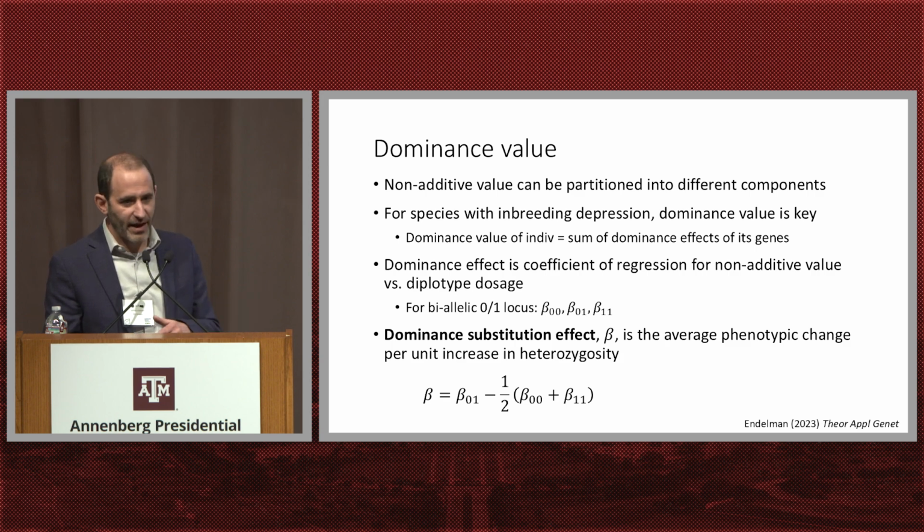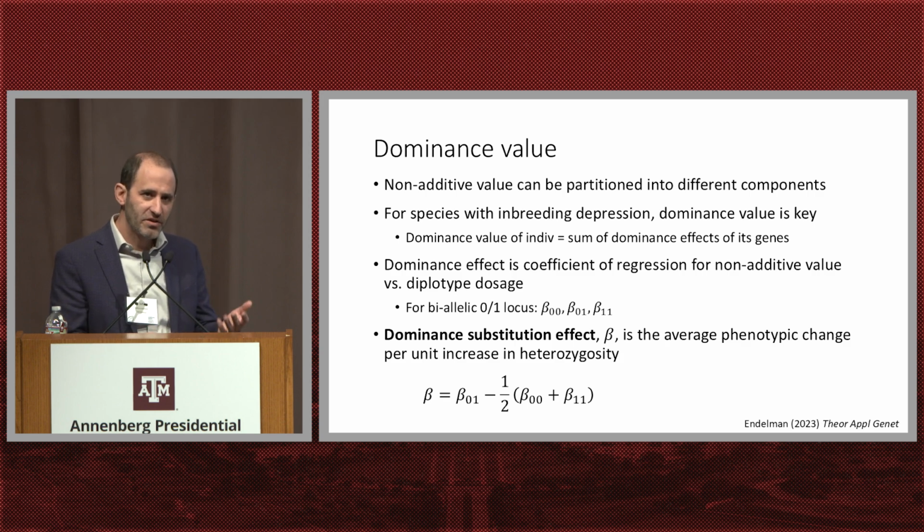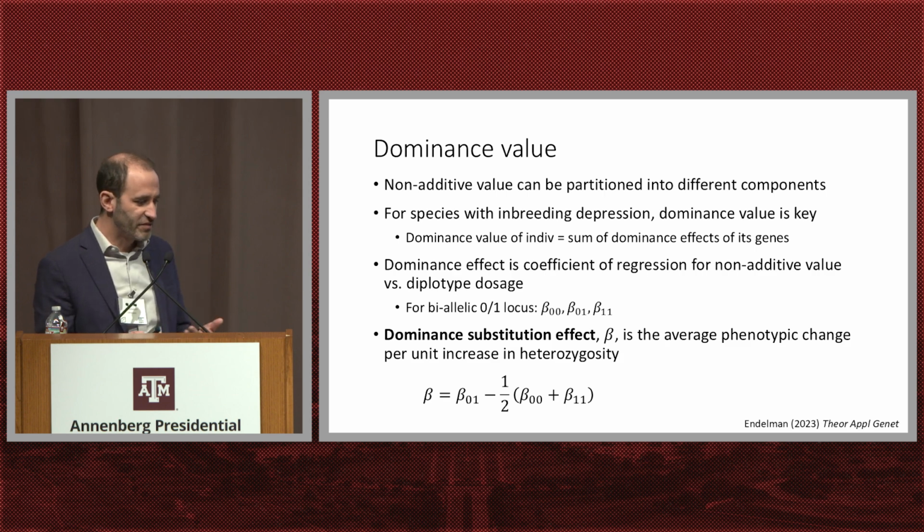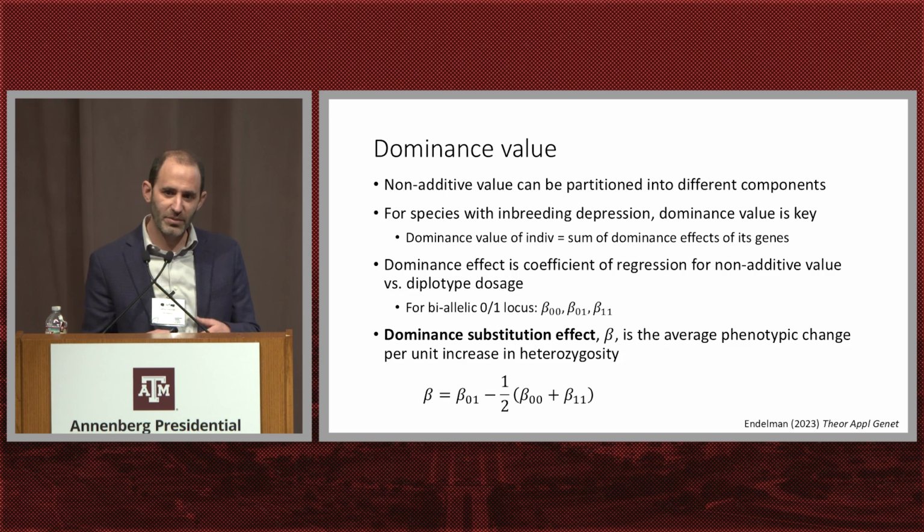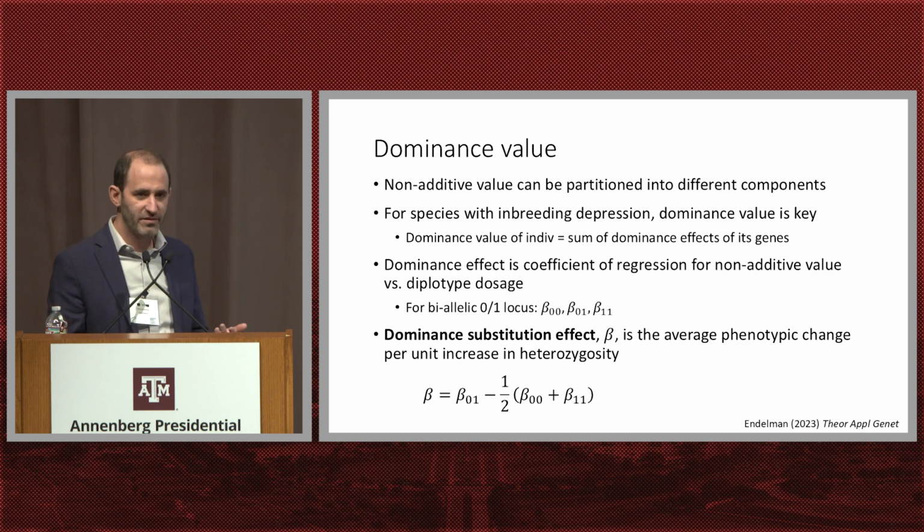Just like we have additive values and additive effects, we have dominance values and dominance effects. They're defined analogously. Just to put a little bit of mathematical notation on here, what is the dominance effect? Right, the additive effect was the kind of regression on allele dosage. How do you define dominance effect? It's also a regression kind of definition, but what you're regressing is the non-additive value on the diplotype dosage.